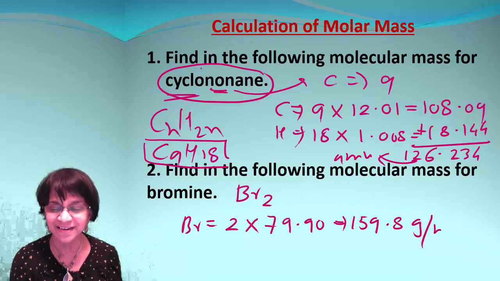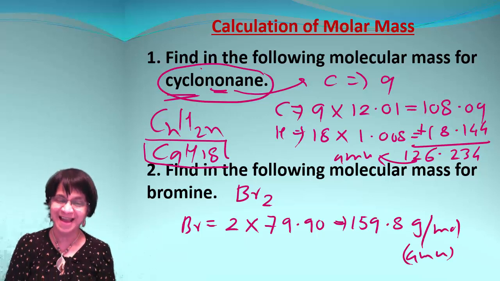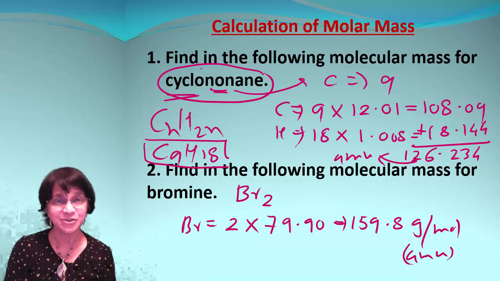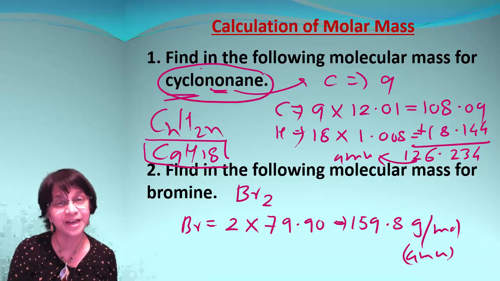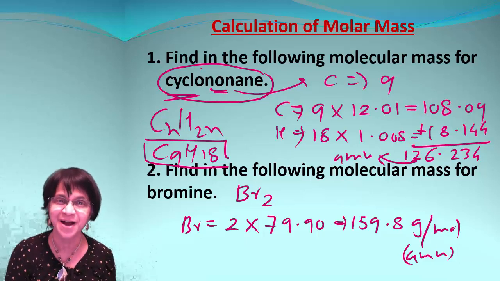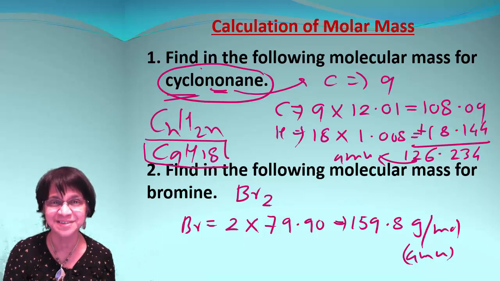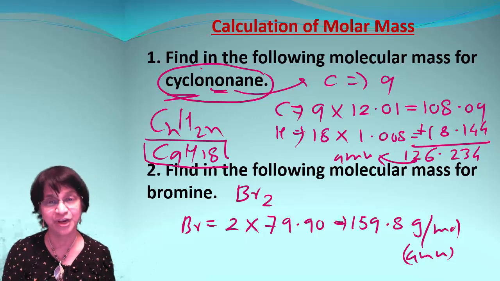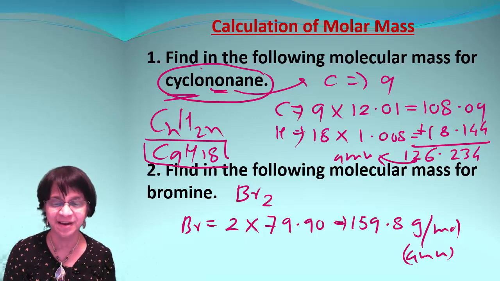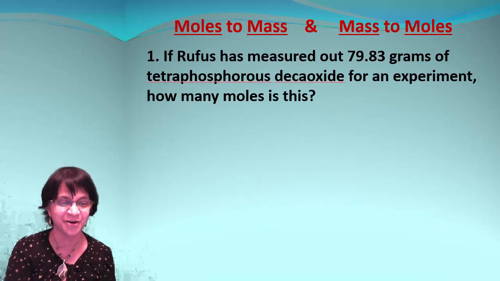So again it can be grams per mole, or you can use AMU as the unit. So the only steps we have to follow are to get the correct formula for the compound, use the number of atoms, multiply those by the atomic masses from the periodic table, and just multiply and add, and there you go. You got the molar mass of the compound.